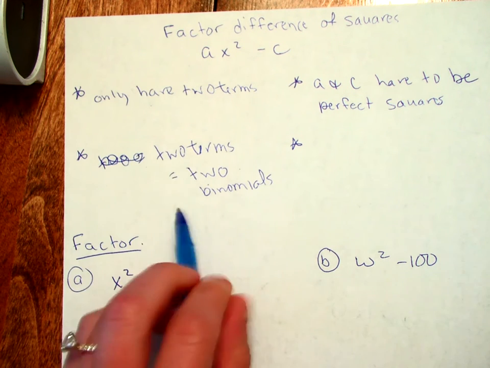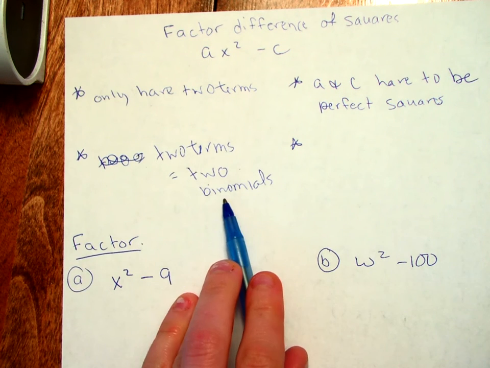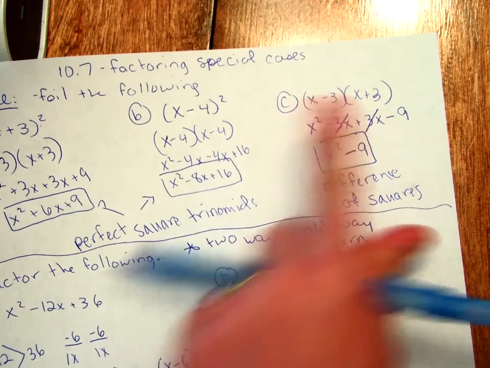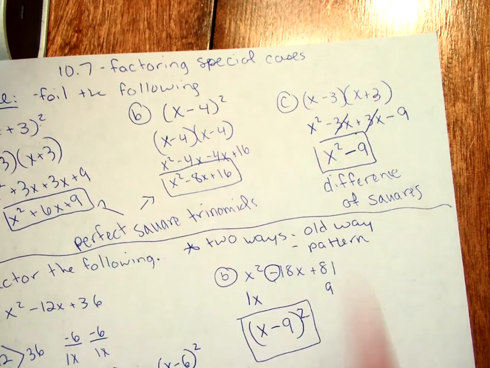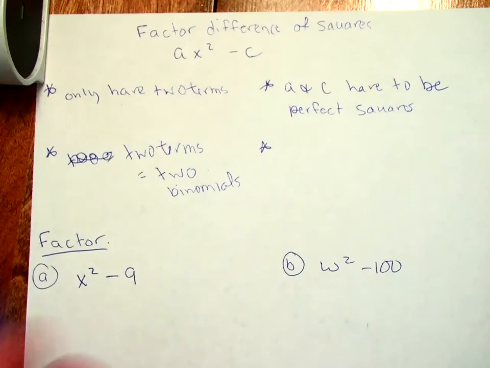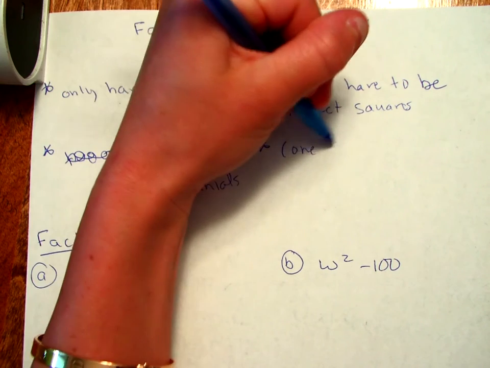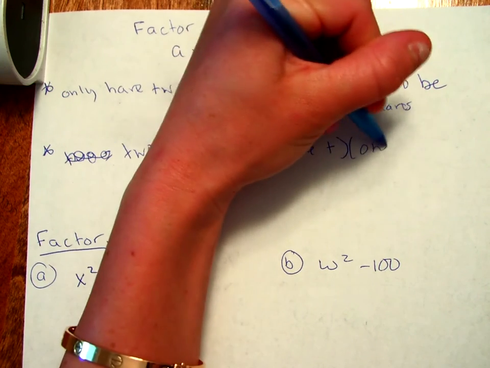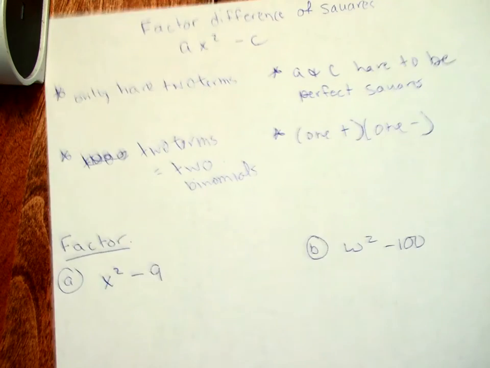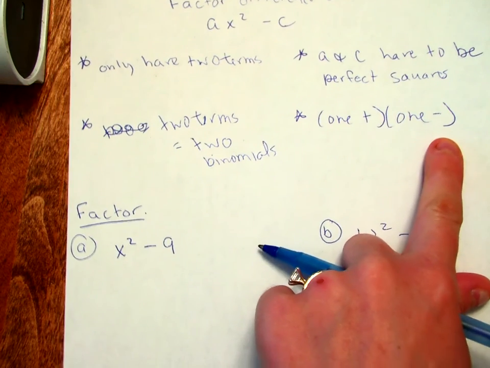That means that when I have two terms, my final answer is going to have two binomials, not just one binomial squared. And then the last thing is one positive, one minus. So 1 plus, 1 minus whenever we do these.